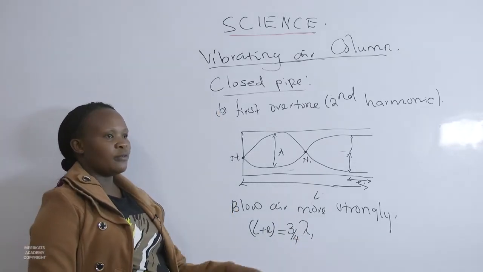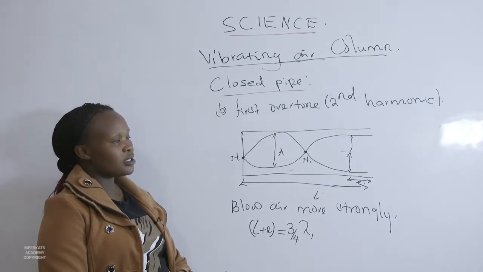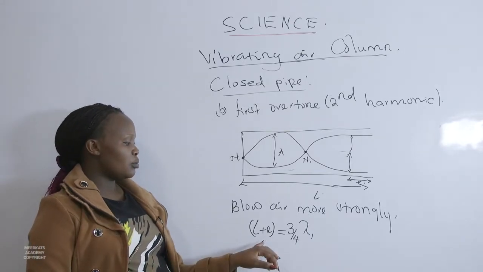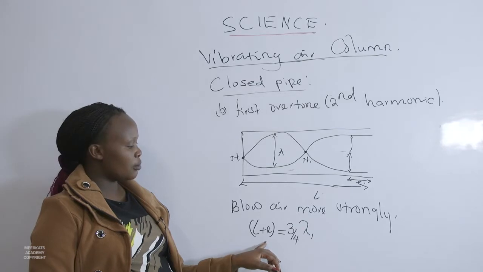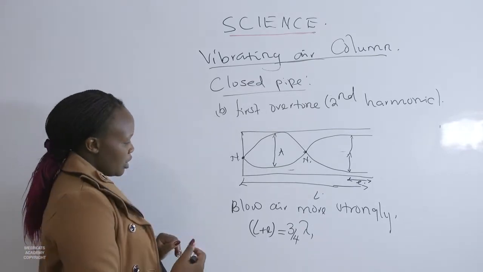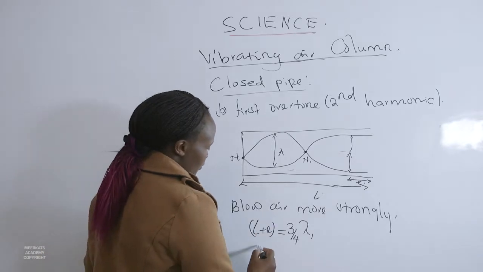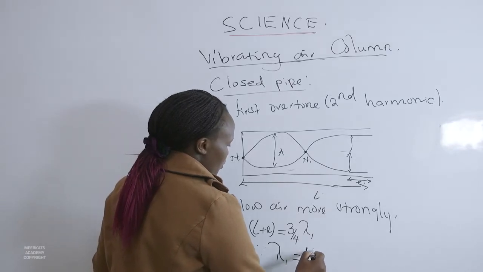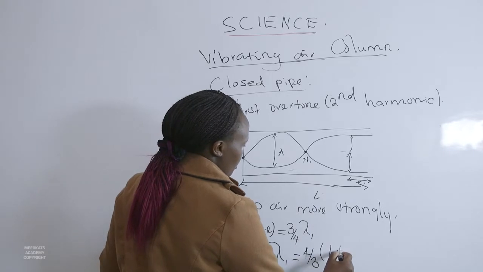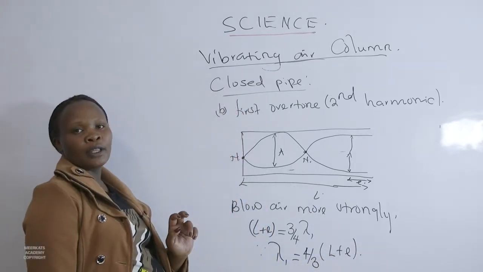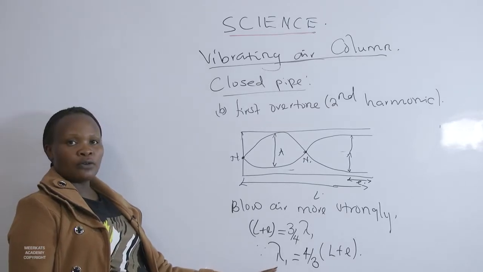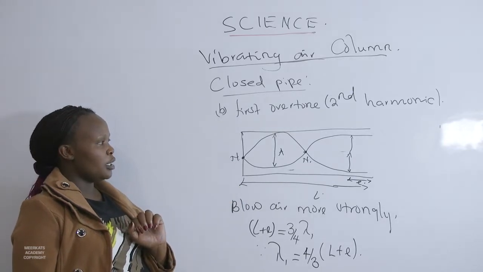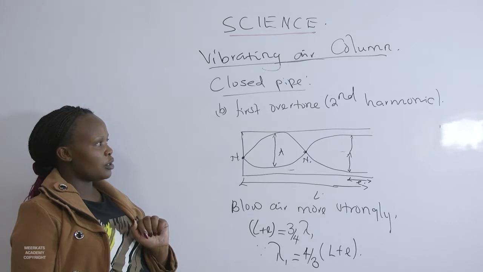This time, the wavelength is of the second harmonic, or the first overtone, if you may, and it's going to be represented by L plus E. So from that, we can say therefore that our first wavelength is going to be 4/3 L plus E. That one will be the wavelength of the wave that we have just generated by blowing air more strongly into the pipe.